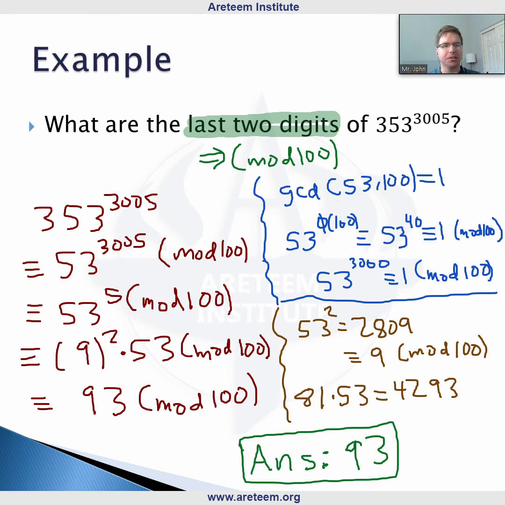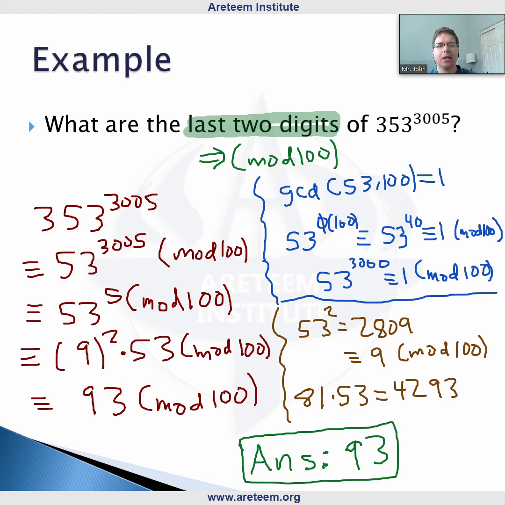You can understand this even if you just are learning about exponents. You won't be able to solve the question that way, but I just want to make sure we give our answer as a basic one. It's what are the last two digits, so our final answer should be 93 in that case.